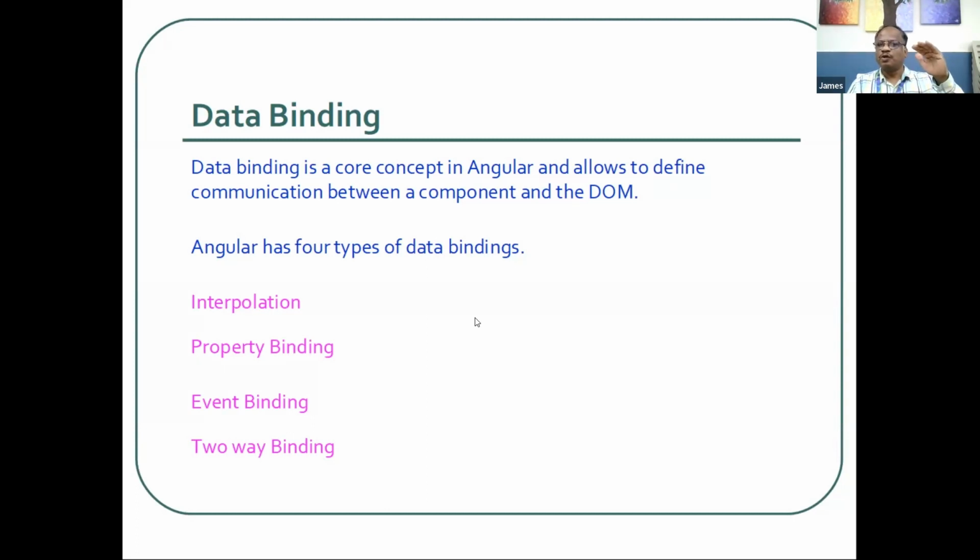Here in Angular, we don't have a single file for the class, CSS, and HTML. We have three different files, right? So we should have a mechanism for how we pass the data from class to the DOM template, the HTML, class to HTML and HTML to class.